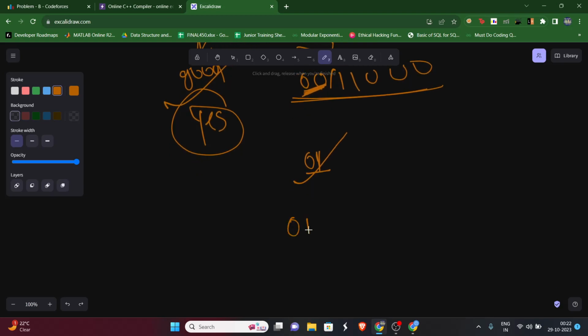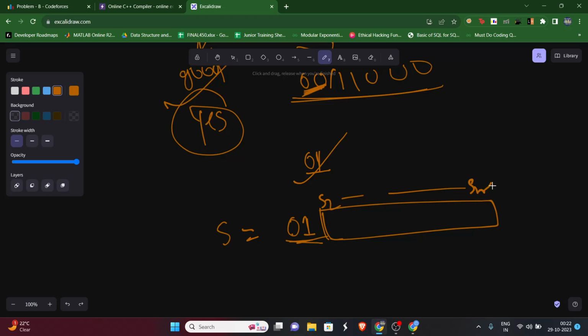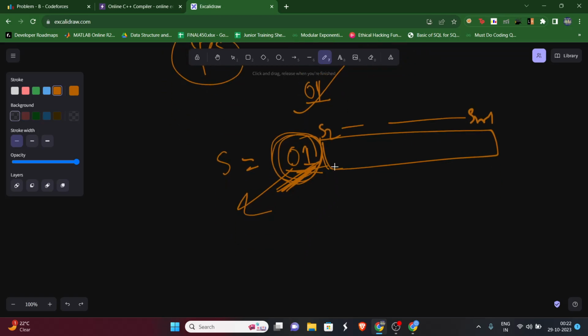Say the string starts with 0 1, and this is the rest of the string: S2 till S of n minus 1. If the first two characters are good, we can simply ignore them. We don't need to care about them. Similarly, let's say these next two are 1 0.